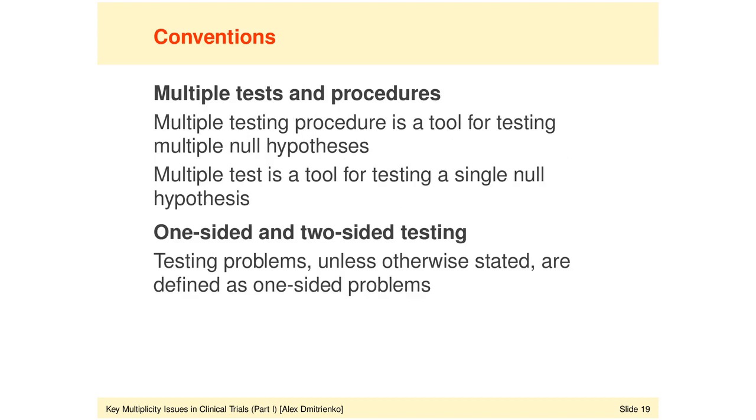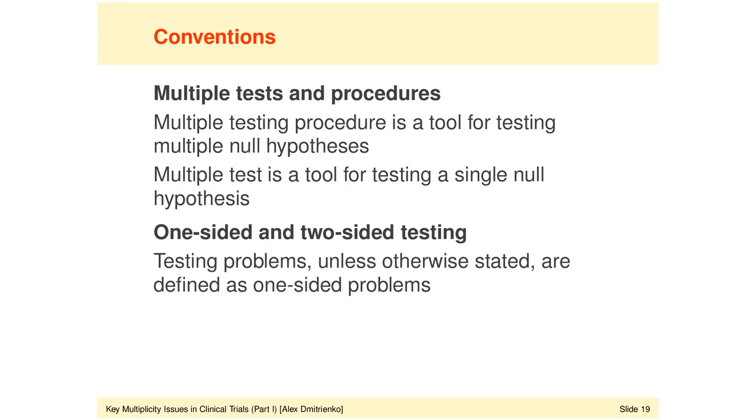So now, this is actually the last slide. And before we get started, let me say a few words about the conventions I'm going to use in this course. First of all, I will make a distinction between tests and testing procedures. And specifically, a multiple testing procedure will be viewed as a tool for testing multiple null hypotheses.